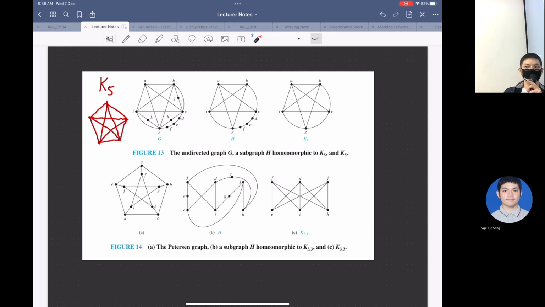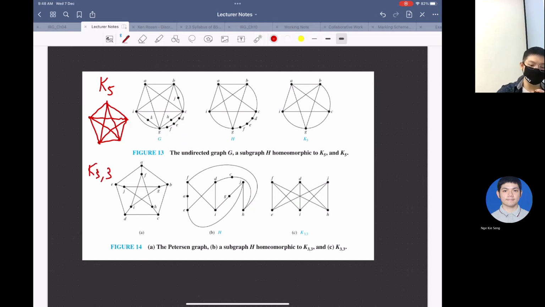And the graph in figure 14 may be harder. You have to find that there is a K33 hiding inside this graph. You need to do some manipulation, and then you will see that these 6 vertices build up the K33 inside this graph.